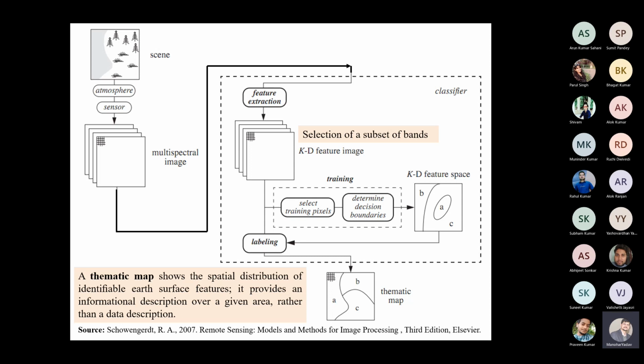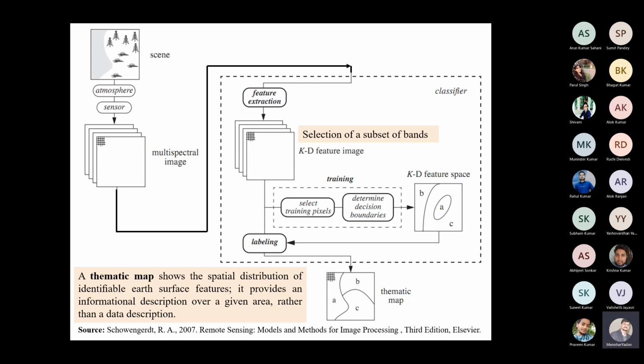They are plotted in 3-dimensional Euclidean space. In this case, we have 3 bands. Then decision boundaries are formed. There are different ways to form the decision boundaries, or different ways to utilize the training samples to match them with the input selected pixel.